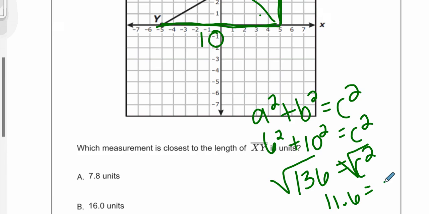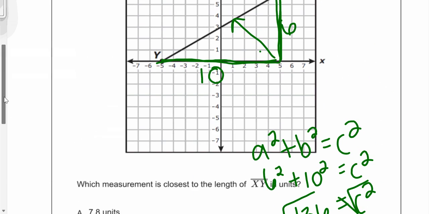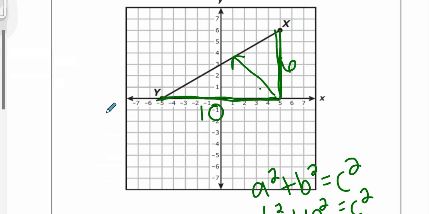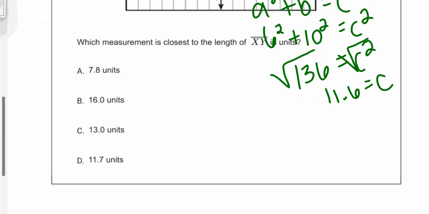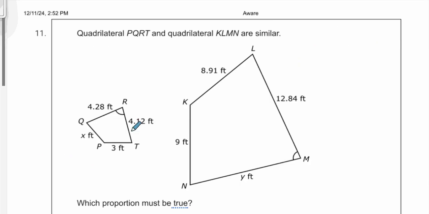So it's approximately 11.6 for the length of XY. B will be my answer, and that's my closest choice.